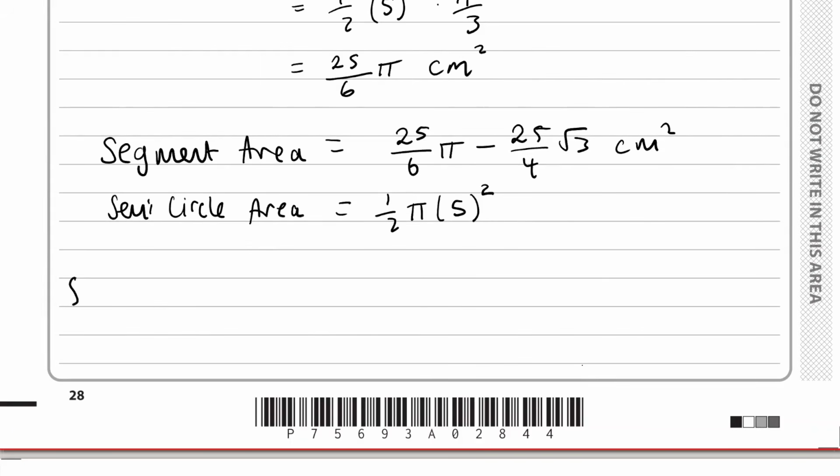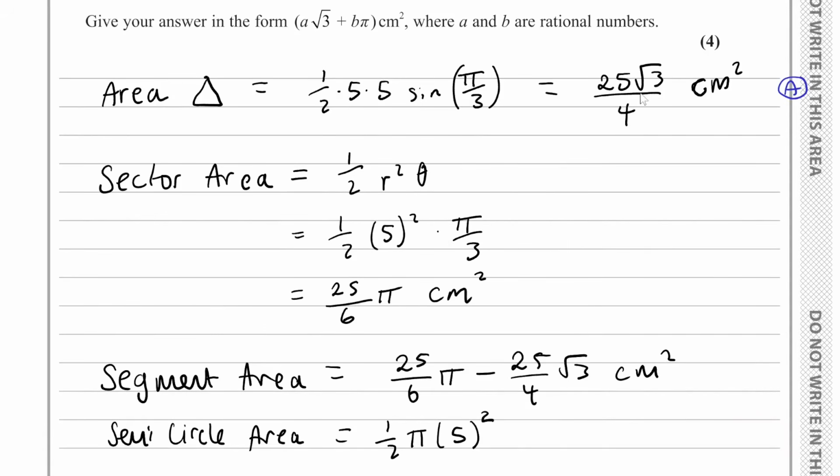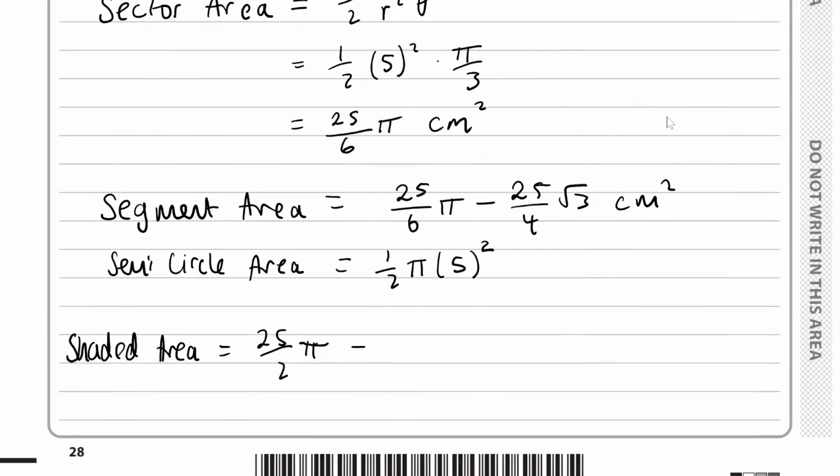So the shaded area is, that's right, 25 over 2. So 25 over 2 pi for the whole semicircle. Take away the triangle, 25 over 4 root 3.